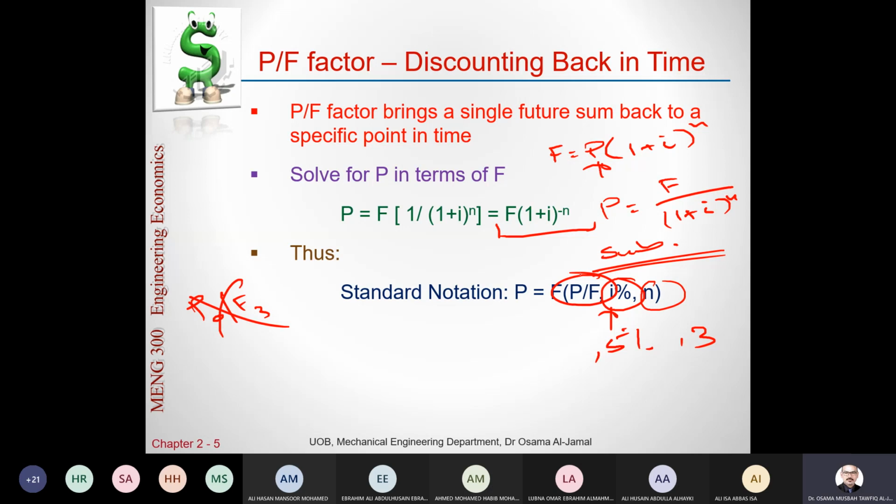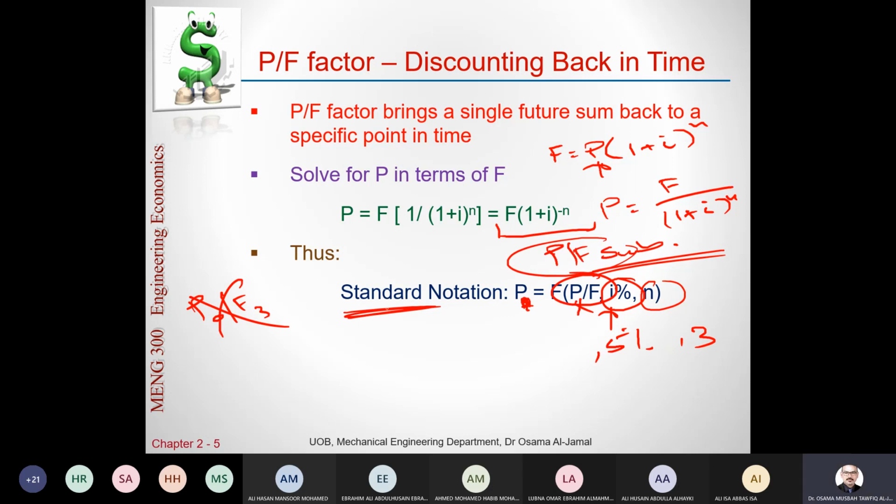The standard, don't change it. P given F. Whatever the time point is, if it is P1, P2, P3, it doesn't matter. That will not be reflected inside that P given F. Keep it as it is, P given F. That's why they call it standard. No one will change it.